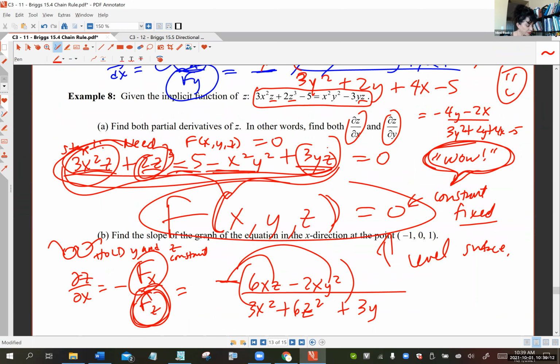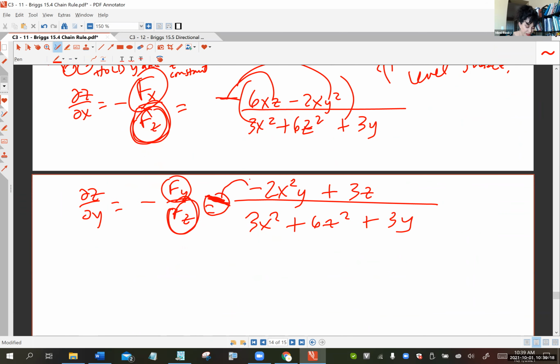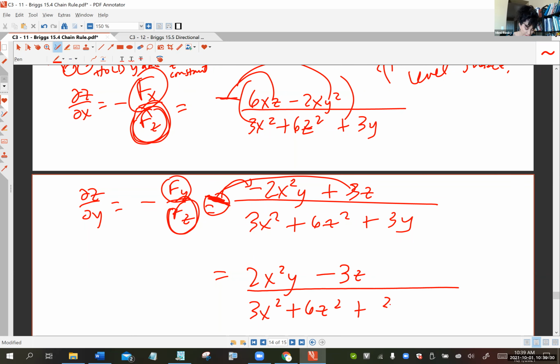And the derivative of 3yz with respect to y is 3z. Okay, and we're done. And if you want to distribute this negative over the numerator terms, you can. That would be positive 2x squared y minus 3z all over that denominator. I'm just going to copy them down. And that would be your partial of z with respect to y. Okay?